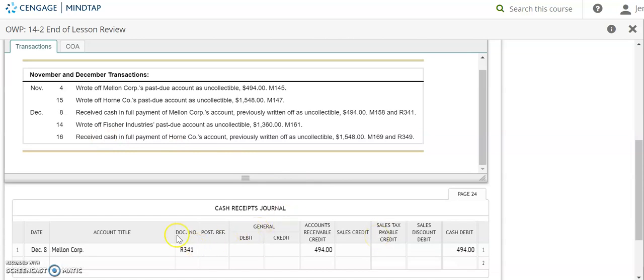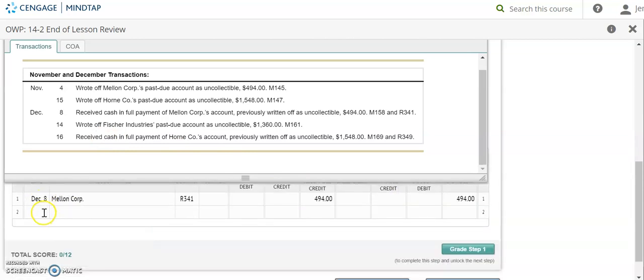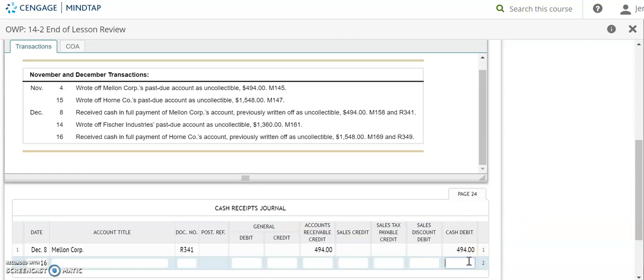Now that I've reopened that account, I'm going to record the cash that I received. So I'm going to go back down to my cash receipts journal. I'm going to put in my date of the 16th. Again, I'm going to go over to my cash debit first, and put in the debit of 1,548. Then I'm going to come over here and put in who I received that from, Horn Company. Receipt 349.